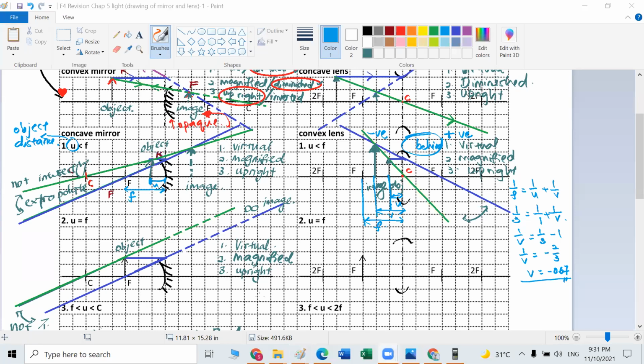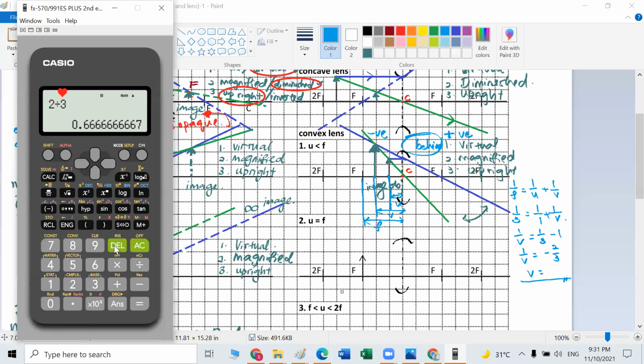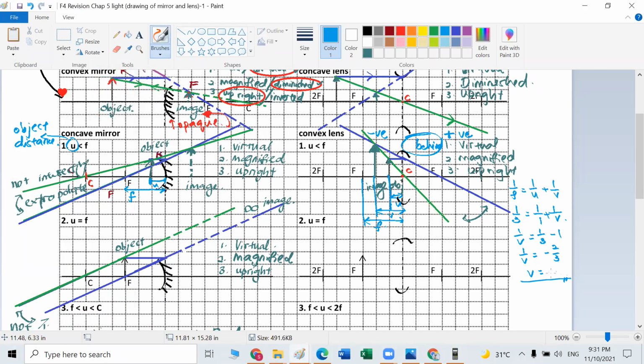Can you get it? Negative 3 over 2, oh yeah, sorry. Thank you. Yeah, negative 3 over 2. So it will be 3 divided by 2, 1.5. So it is negative 1.5. See? 1.5. Can you see?